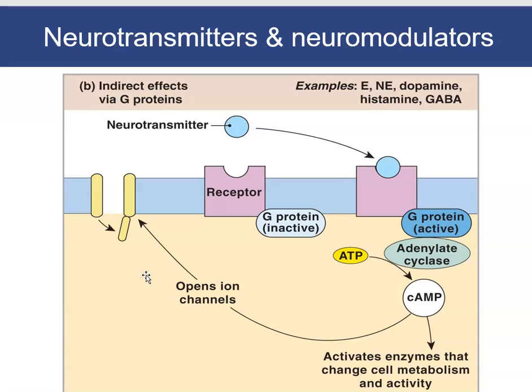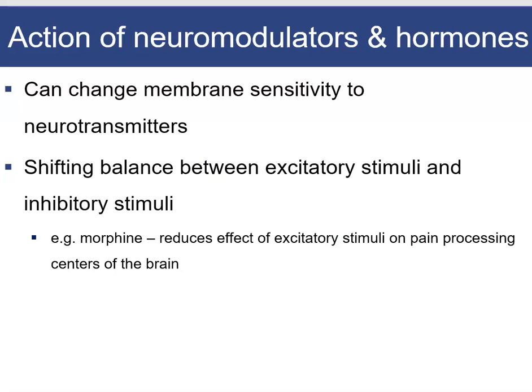The most common second messenger is cyclic AMP. This is how epinephrine, norepinephrine, dopamine, and many of these neurotransmitters work. This takes a little bit longer because we have to rely on the second messenger to open that channel. Now, the actions of these neuromodulators, neurotransmitters and hormones can change the membrane sensitivity to neurotransmitters.